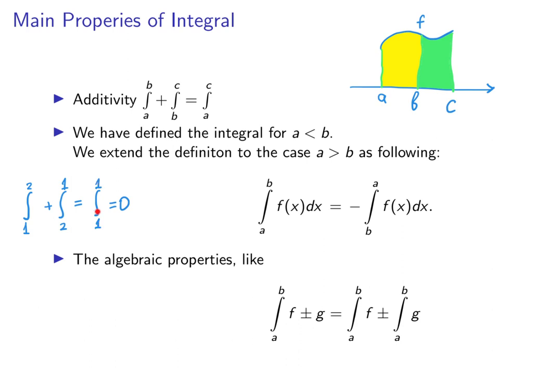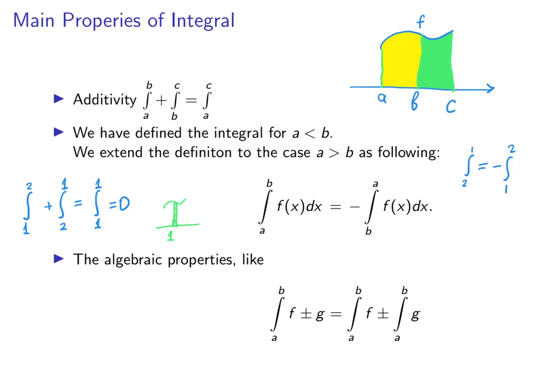But the integral from 1 to 1 is 0 because it just represents the area of a region of width 0. Okay, so the integral from 1 to 2 plus the integral from 2 to 1 is 0. Therefore, the integral from 2 to 1 is minus the integral from 1 to 2. And more generally, the integral from a to b is minus the integral from b to a.